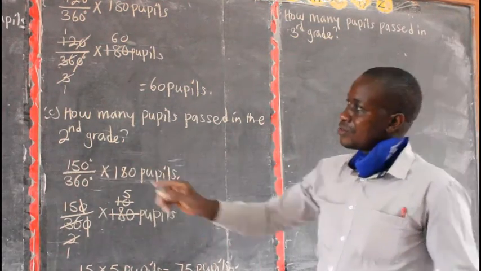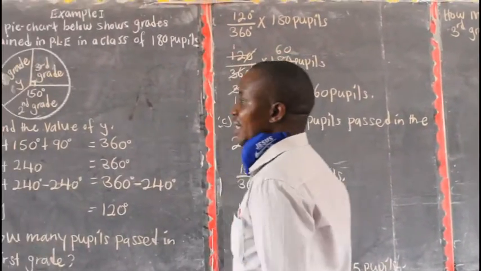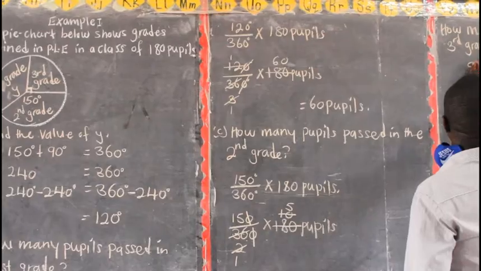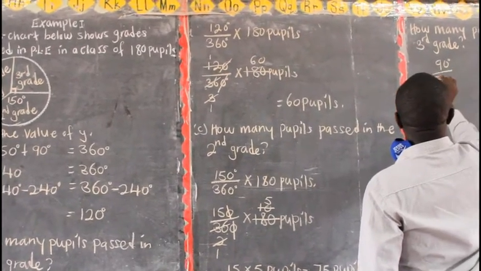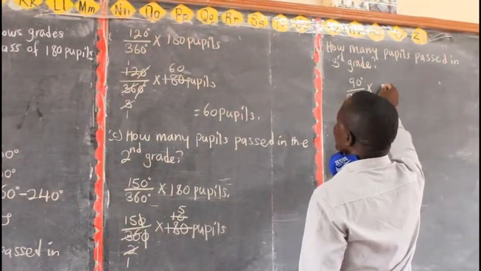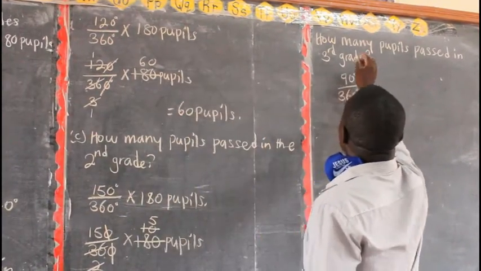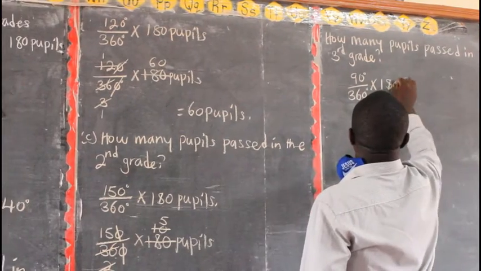So in the third grade we have 90 degrees there. So we can say 90 degrees out of 360 degrees times the total number of children who sat for paper A, which is 180 pupils.